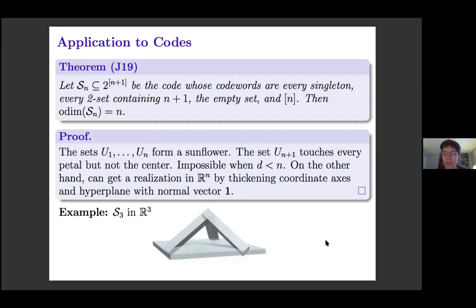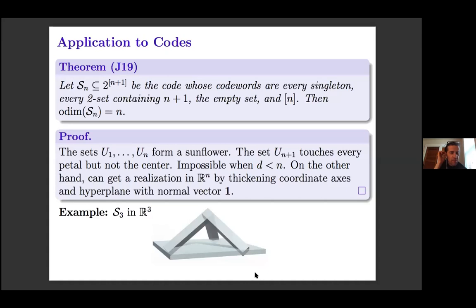Just to give you a picture, here's an example of S3 in R3. I have my thickened coordinate axes, at a weird angle here, and then this hyperplane that's slicing through all of them. So this result is saying, in code's language, that I can't make a drawing like the one I gave you that's in R2. I have to go up to R3. And in general, if I have n petals, I have to move all the way up to Rn.